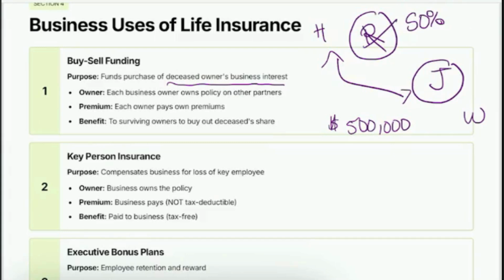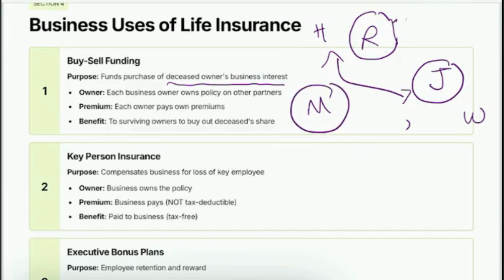So now imagine that there was multiple people involved. Like, let's pretend it's me, my brother, and I don't really have two brothers, but my brother is a best friend, so we'll say Michael, and he's married too.